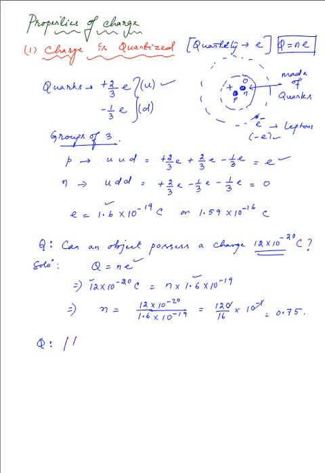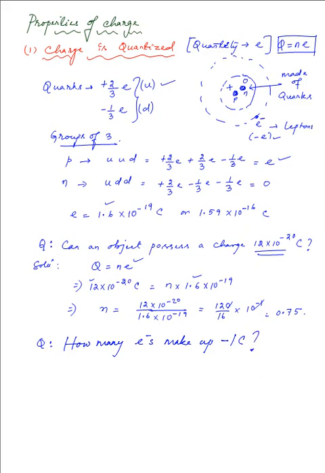So how many, let's take electrons. Electrons make up minus 1 coulomb of charge. Obviously the electron carries negative charge, so that is why it will contribute to a negative charge as a whole.